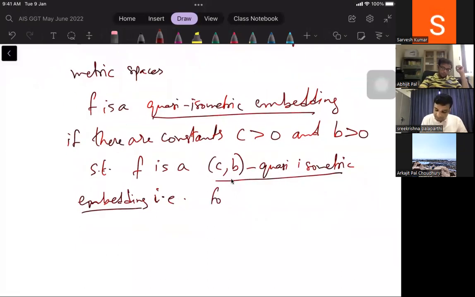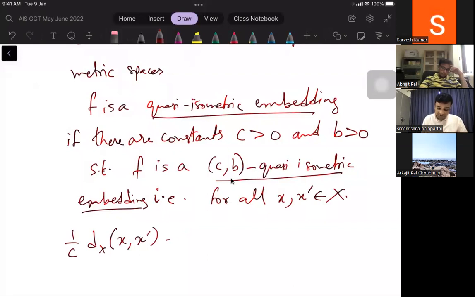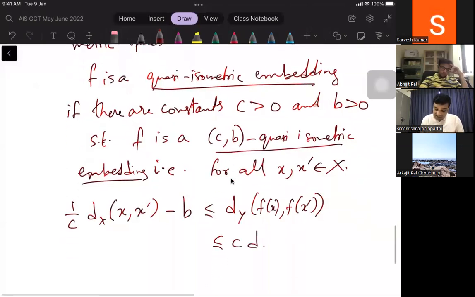That is, for all x and x prime in X, it's like the bi-Lipschitz, but with an addition and a subtraction to these factors. Okay, so minus B. So you allow the scaling of that metric dX, and then a translation, is less than or equal to the distance in Y of f of x and f of x prime, which is less than or equal to C times dX of x and x prime, and once again you can add.